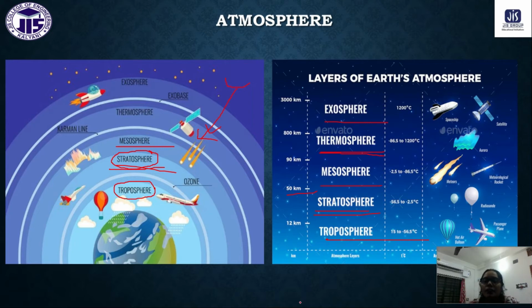After the thermosphere we have two types of layers, the exosphere and the ionosphere. In the ionosphere, all types of ions are present.